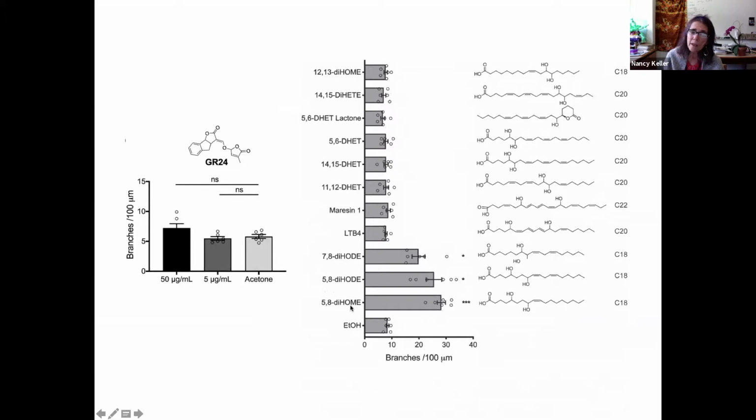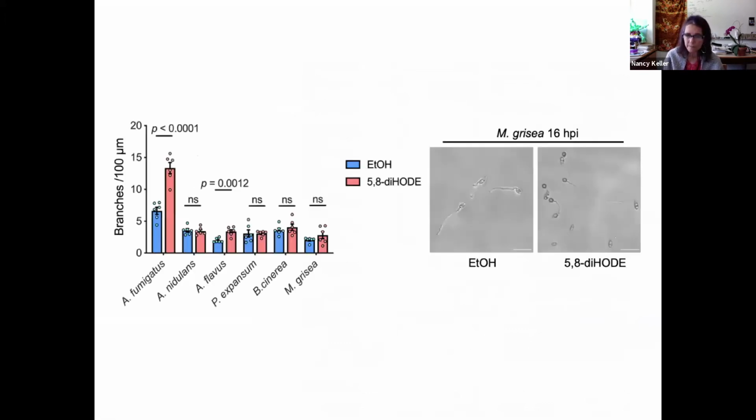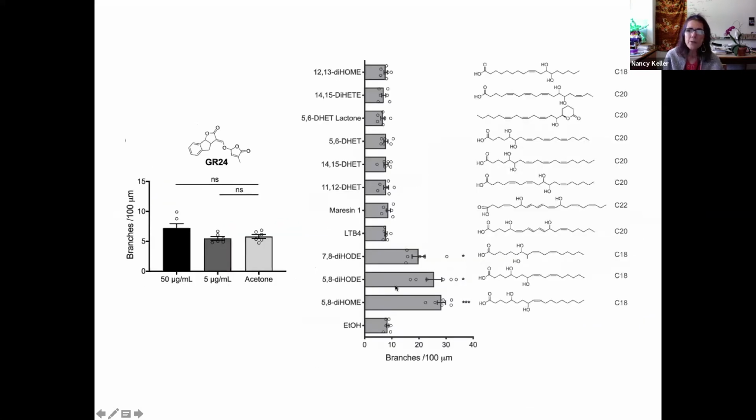And what we found of these oxylipins, we looked at the branching. Okay, didn't want to get to that yet. The branching was specific to these fungal oxylipins, and more than one oxylipin could induce branching. We still don't know exactly if it's due to the 2-hydroxyls, but this is really interesting.